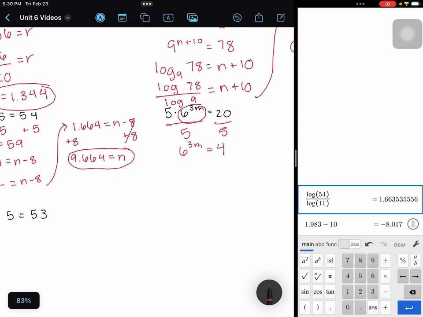Okay, now we can write it in log form. So log base 6 of 4 equals 3n.